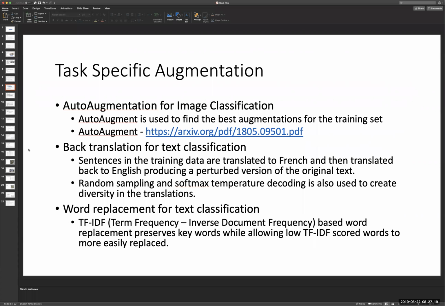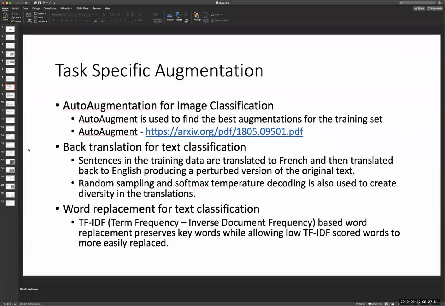Another task besides vision is text classification. Specifically in the UDA paper, they want to use back translation for text augmentation. This is an interesting idea. Sentences in the training data are translated into French and then translated back to English, producing a perturbed version of the original text.